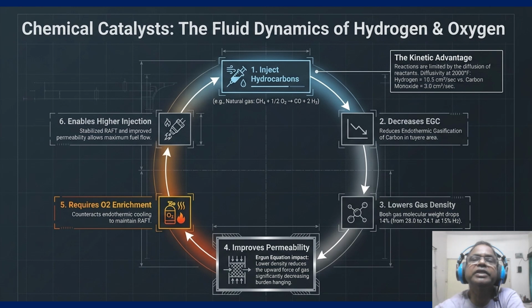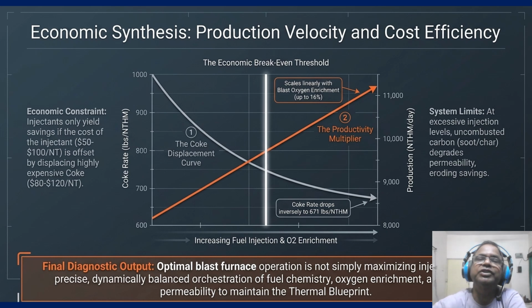All these technical levers finally converge on a single economic reality, the break-even threshold of production. So coming to our main slide, which is on the economic synthesis, that is production velocity and cost efficiency. This graph maps your path of profitability.